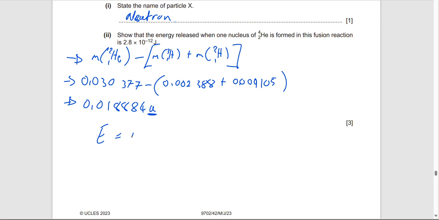E is equal to delta m c squared. All right. Remember the answer is in joules. Then you multiply your mass defect. We want to convert that mass defect to kgs. So we're going to multiply by U, which is 1.66 by 10 to the negative 27.